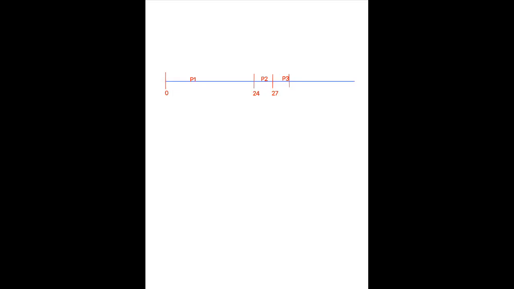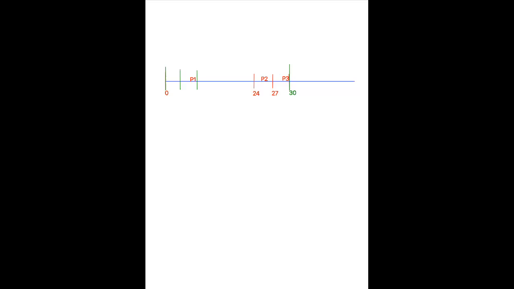Now, if we don't want convoy effect, that means the short processes will appear before long processes. So what will happen? Let me select another color and assume at time 0, P2 is selected, then P3 is selected, and then P1 is selected.